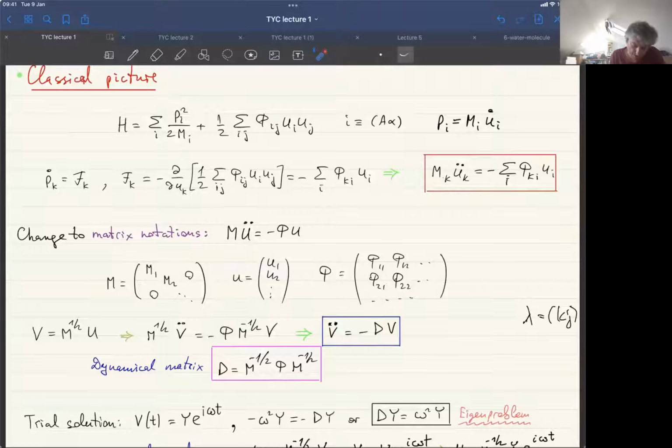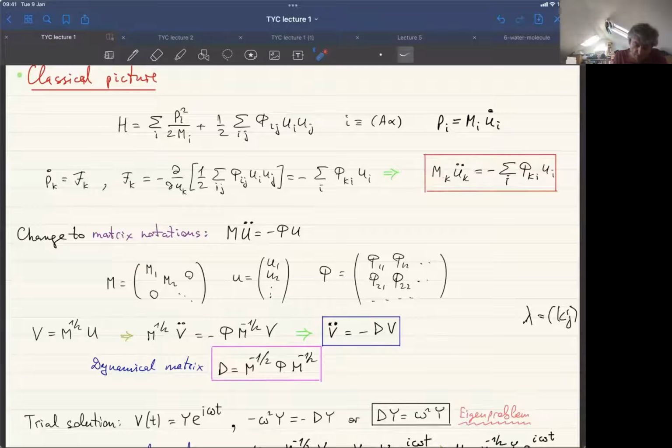If you multiply this matrix with itself, you would recover M. You can also introduce in the same fashion the matrix M to the power -1/2, which, if multiplied with the matrix M to the power +1/2, would give you an identity matrix. So these are very simple matrices you can introduce, either with a square root of M or 1 over square root of M along the diagonal, power 1/2 or power -1/2. And this is what we will be using.